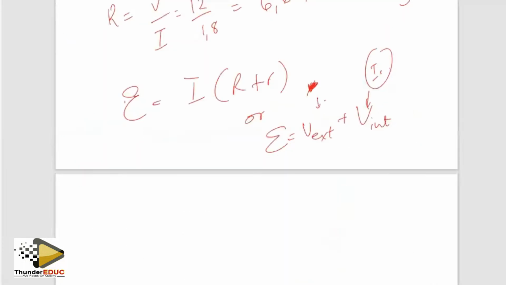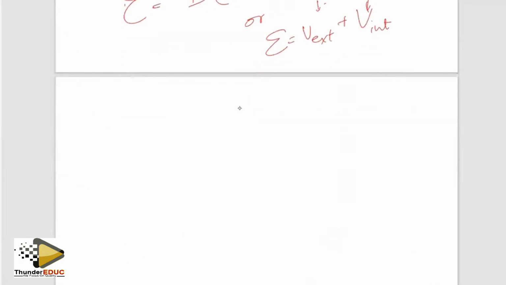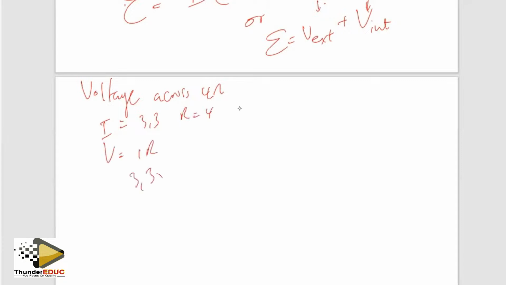Let's see. The voltage across the 4 ohm resistor: we know that the current is 3.3 and the resistance is 4. So voltage is IR, which is 3.3 multiplied by 4, that gives me 13.2 volts.